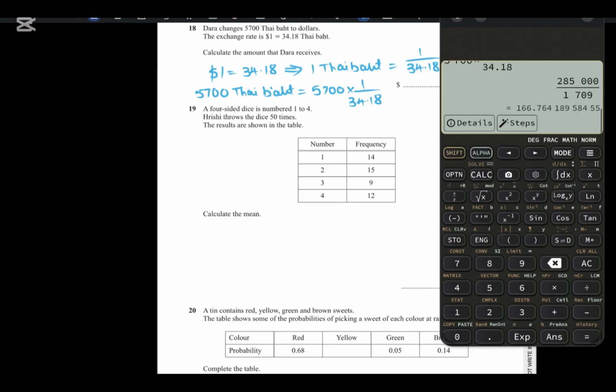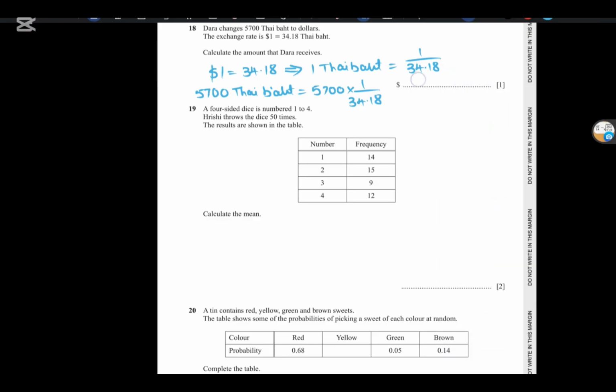That is 166.764, so 166.76. Currencies can be written up to 2 decimal places, because with 764 we cannot round it up to 77, so it is 76. Question number 18 is done.